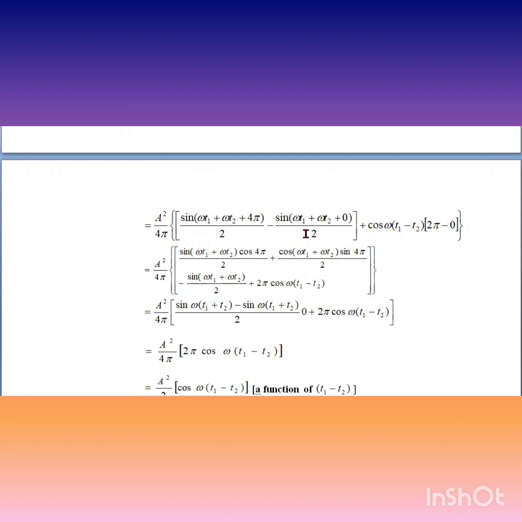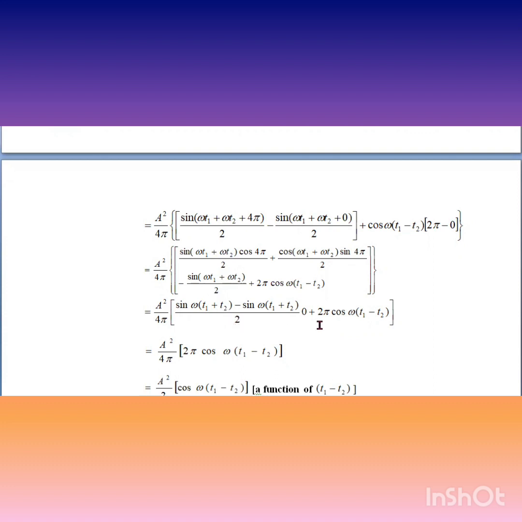The second one, sin(ωt1 + ωt2) divided by 2, as it is, we write minus, plus 2π cos(ω(t1 − t2)). So cos 4π is 1, sin 4π is 0. So the first term minus the third term will be 0.